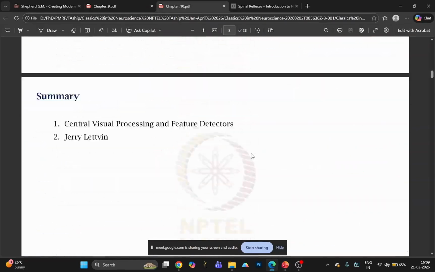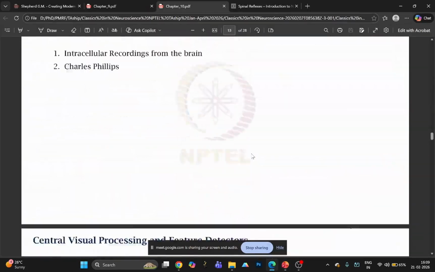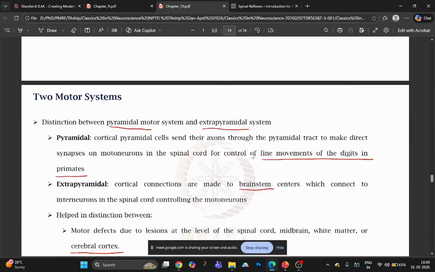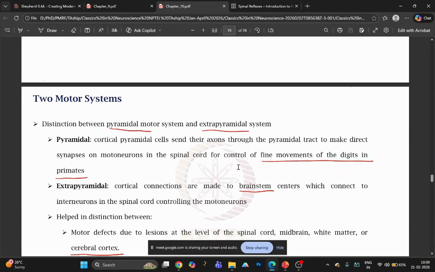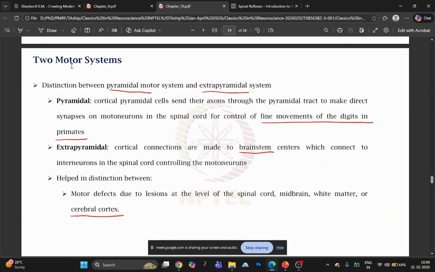Let me just go back to the text. So two different motor systems were distinguished. What were these two different motor systems? Those were the pyramidal motor system and the extrapyramidal motor system.